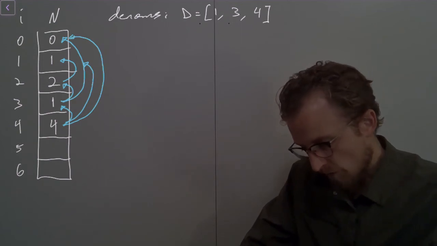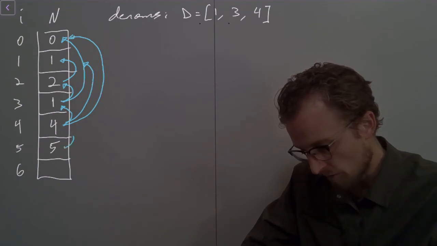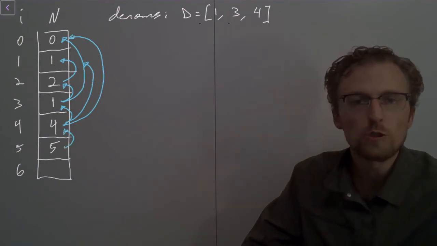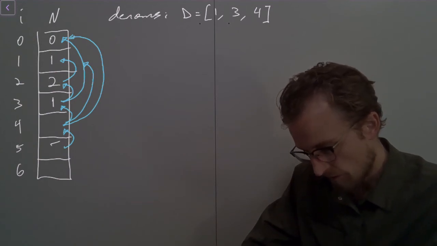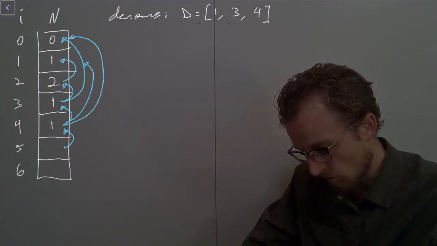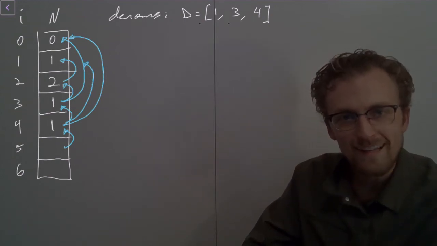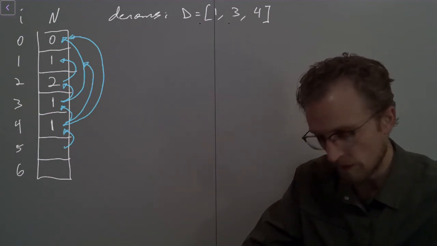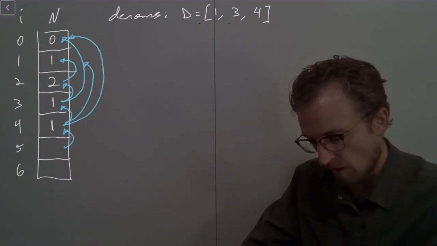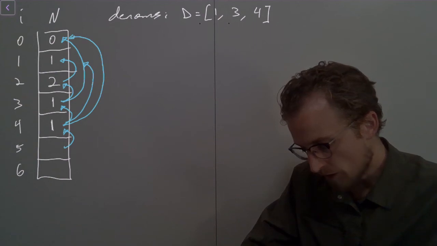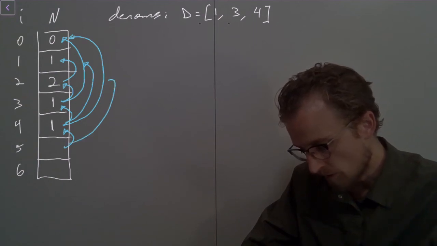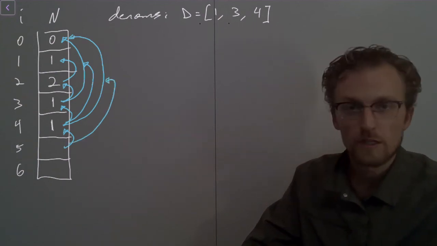All right, optimal change for 5, we get the same thing. So optimal change for 5 could include optimal change for 4. And I just messed up that. So that should be not 4 and 5, that should be 1. And then we're trying to identify optimal change for 5, so we'll leave that blank for now. So optimal change for 5, it could include optimal change for 4 plus a penny. It could also include optimal change for 2 plus a 3.